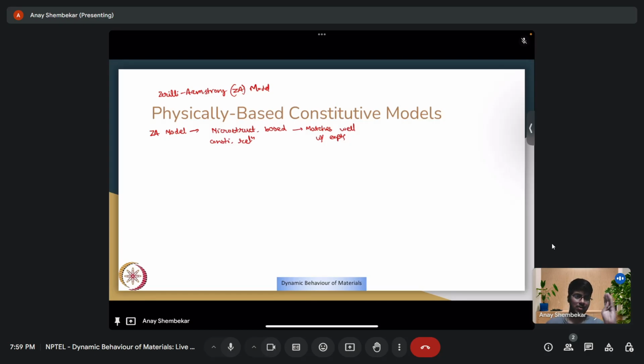We have seen a short cylinder fired at a velocity and impacting a rigid wall. And it makes use of thermally activated dislocation motion.